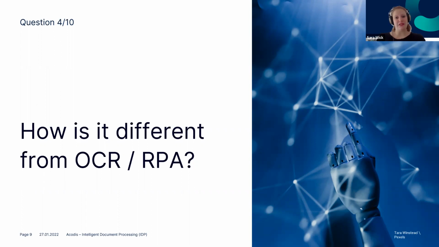OCR is very basic, right? You have a scan and you make it machine readable. So you basically turn pixels into letters or characters or numbers. And then you can do a full text search. So you can look for Sara in a document, but you will find all instances of Sara, and you might also find, if you're familiar with the bank, Sara.